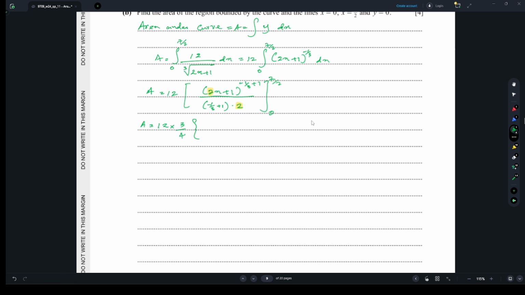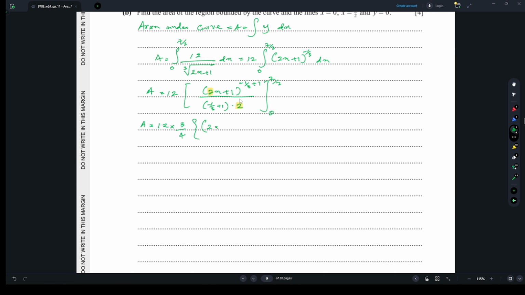And then I have here 2x plus 1 to the power 2 over 3, right? And then I can substitute the limit values.